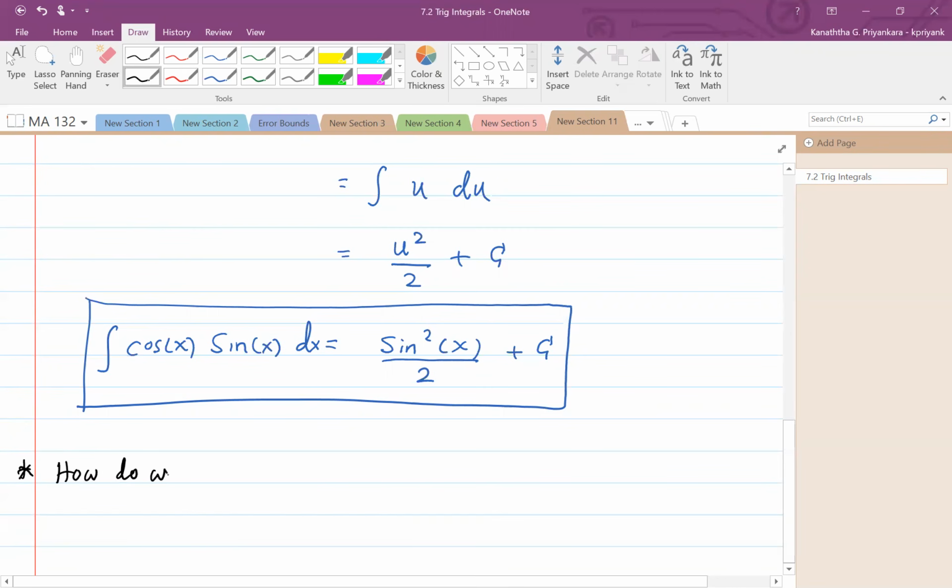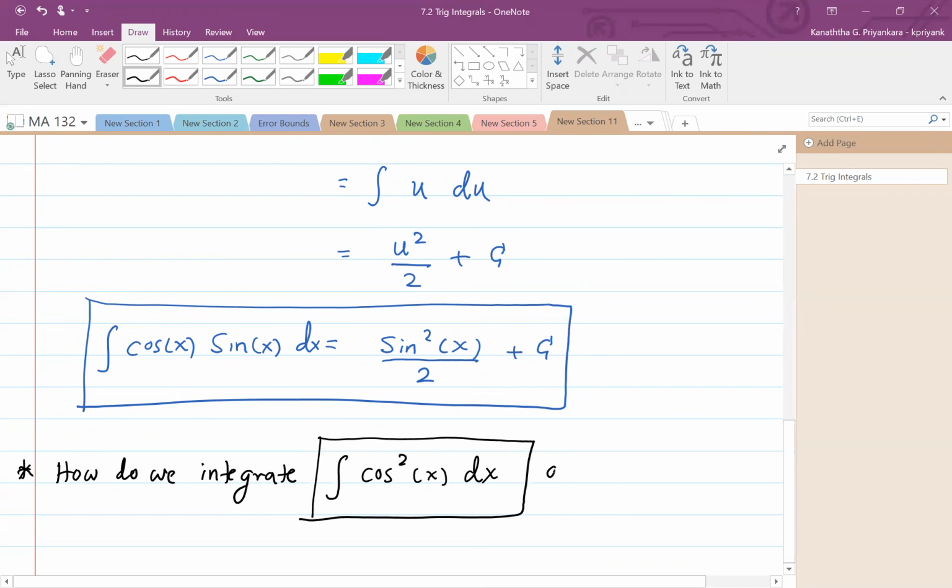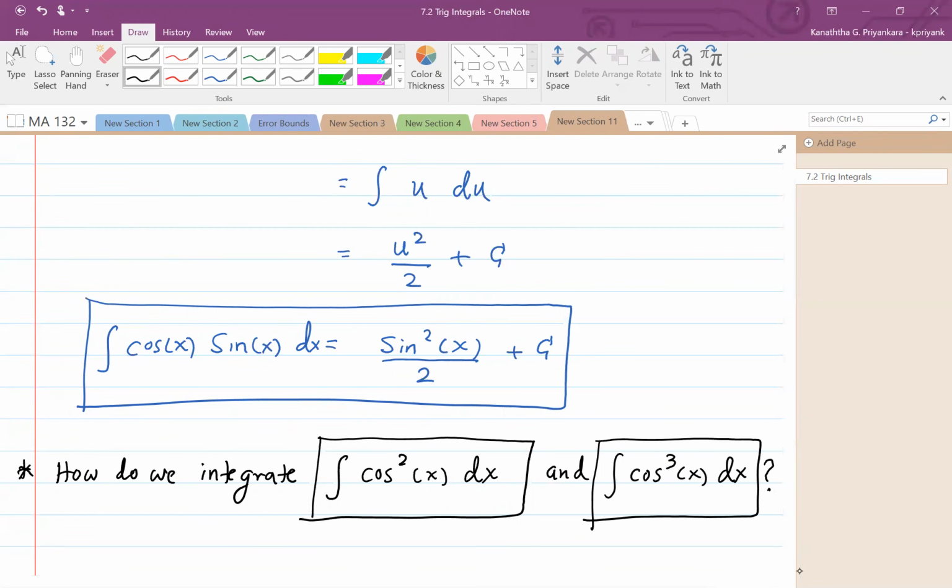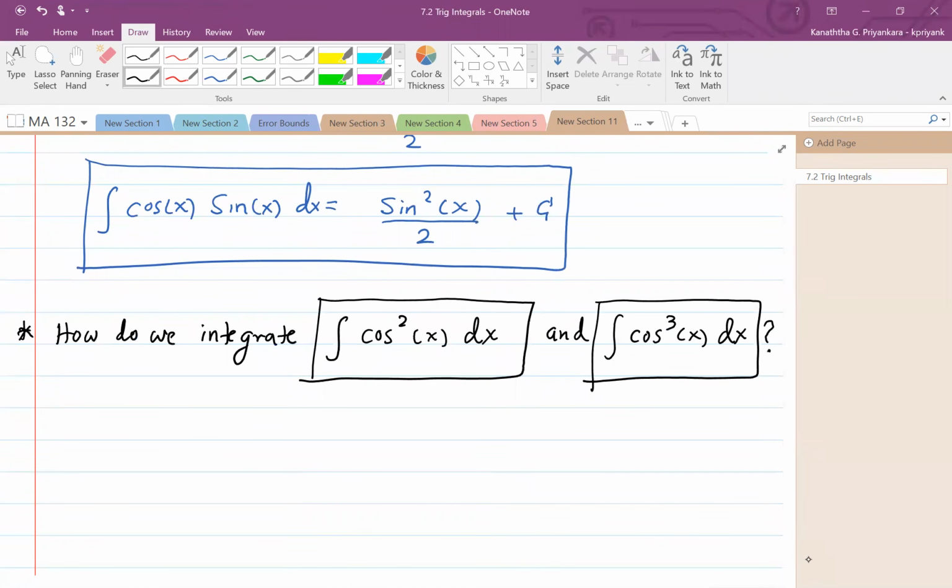How do we integrate the integral of cosine squared x dx, and the integral of cosine cubed x dx? So how do we do these kinds of integrals? That's the question we have.